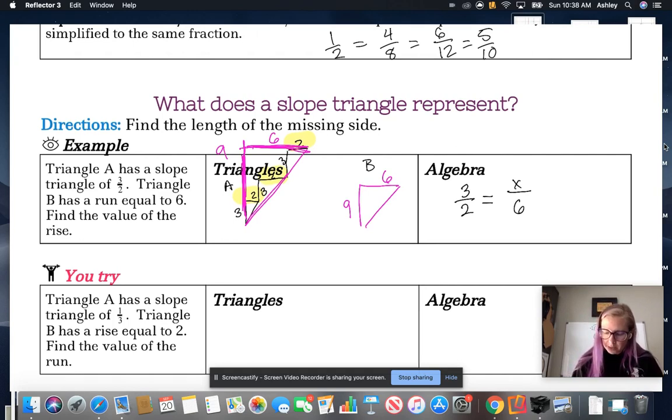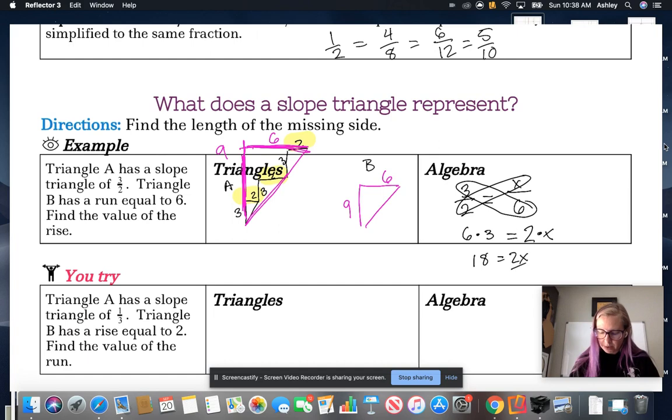In other words, I'm going to multiply 6 times 3, and set that equal to 2 times x. 3 times 6 is 18 equals 2x. Divide by 2, divide by 2, and we get 9 equals x.